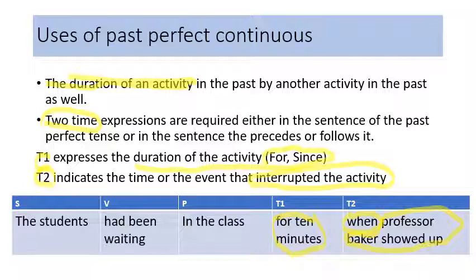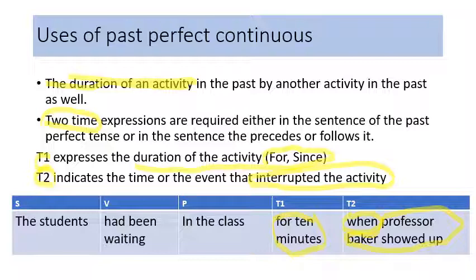When you have this past perfect continuous, two time expressions are required. You need to use them in the sentence or in the sentence that precedes or follows it. The first time expression expresses the duration of the activity, and usually we use since or for, and the other time expression indicates the time when the activity is interrupted.